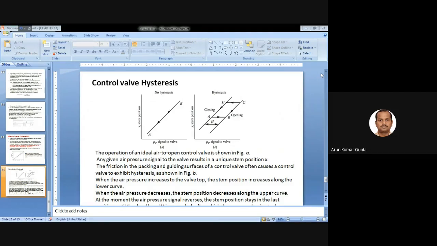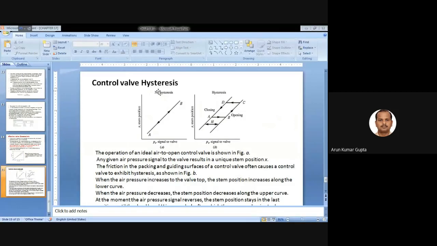Similarly, we also have some control valve hysteresis. Hysteresis is a very common terminology, meaning what happens if we traverse the reverse path. It is also used for a catalyst or some reaction. It means when you apply a certain action in a particular system, it behaves in a particular manner.